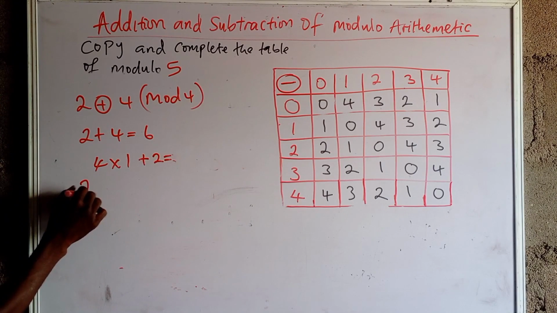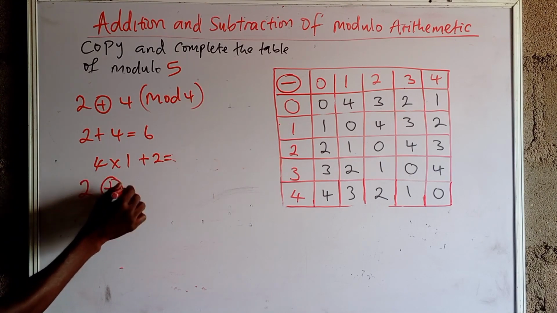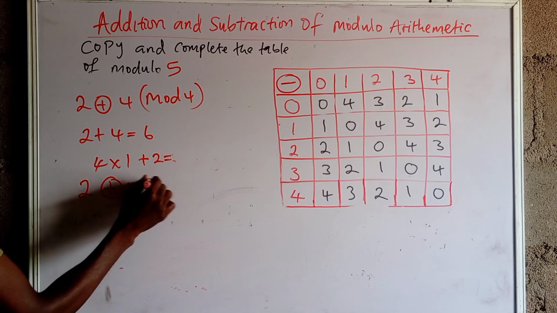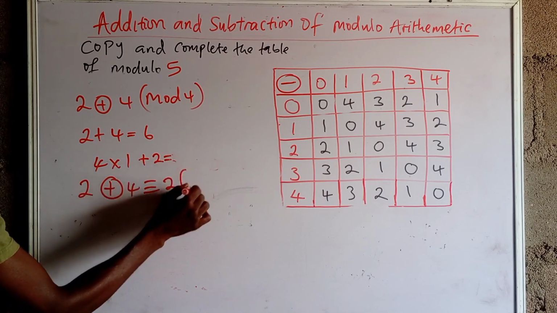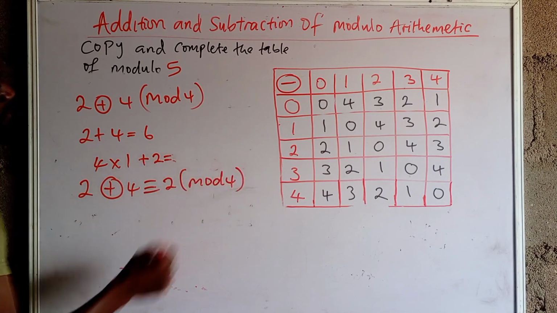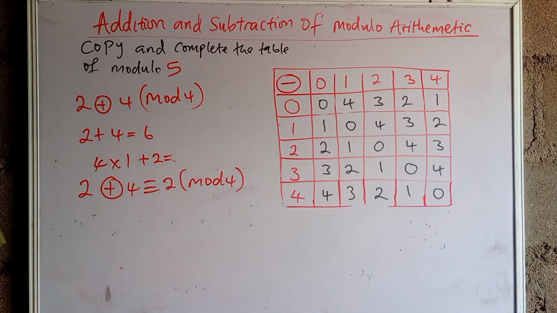Therefore, 2 plus 4 is equivalent to 2 mod 4.